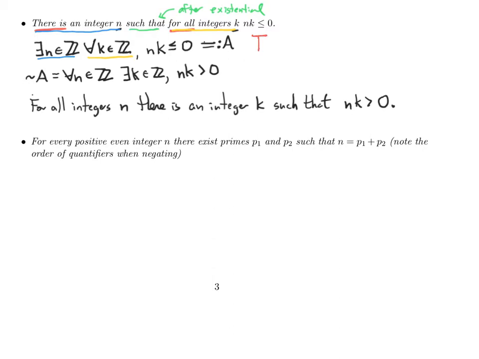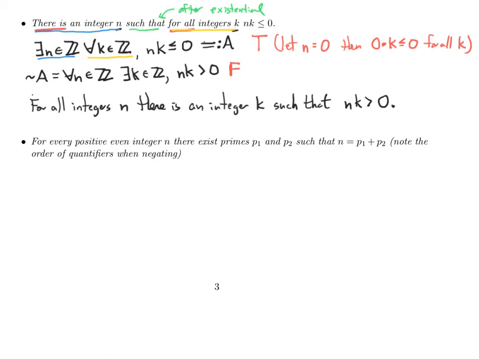Again, we'll show how to prove this in more detail in the coming videos. But basically, if n is 0, then 0 times k is less than or equal to 0, since it equals 0 for all k. We know that's true. And since we have a statement being true, the negation of it is false.